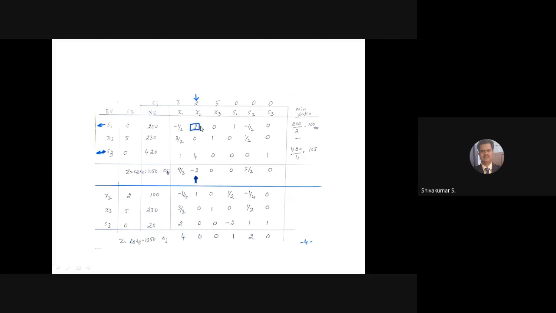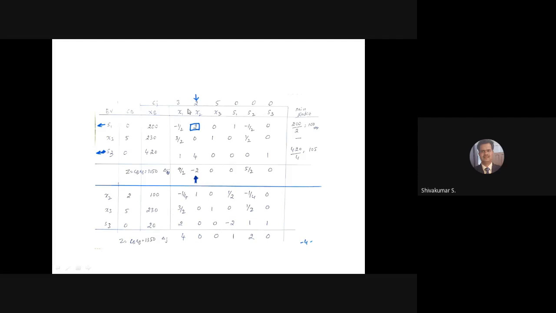What does the procedure say? It says that in the next table you have to make this pivot as 1, and the remaining values as 0. I hope you took notes up to here. Take the next table below. S1 departs, X2 enters. Now write X2 here, X3 as it is, S3 as it is. You don't write one more table, you write down here only.